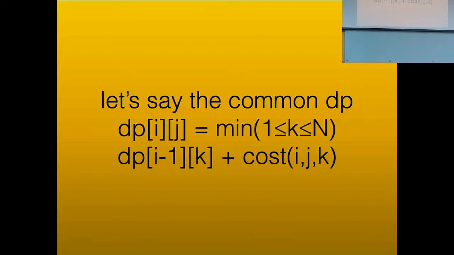So let's say the common DP as before, where you want to find the cutting point or something like that. This is usually useful when the previous DP values we already got from 1 to n. So we already have dp[i-1], let's say, and we want to compute a new one.